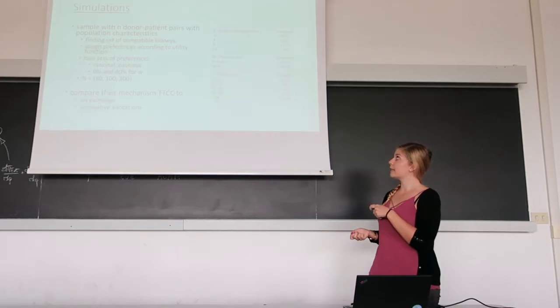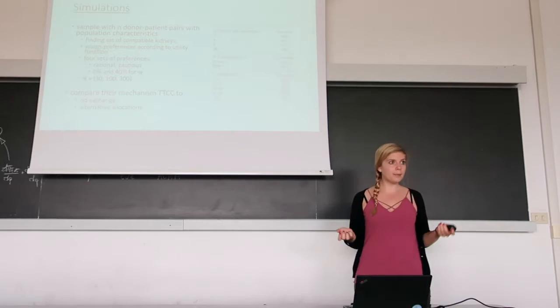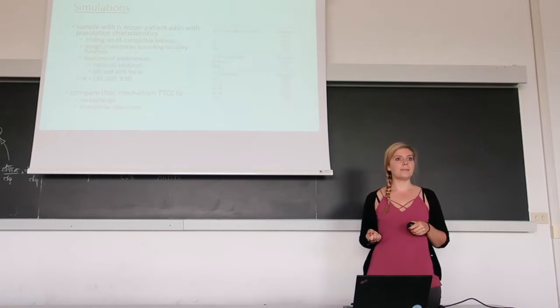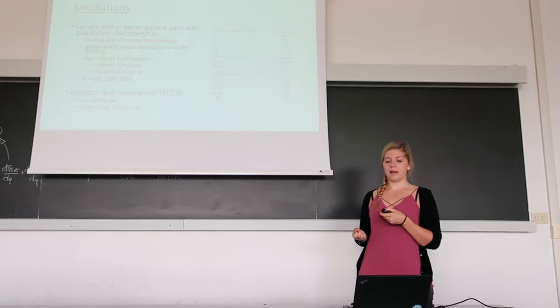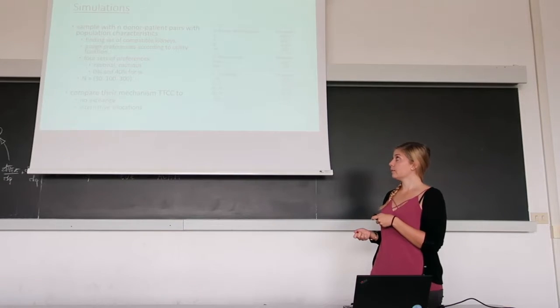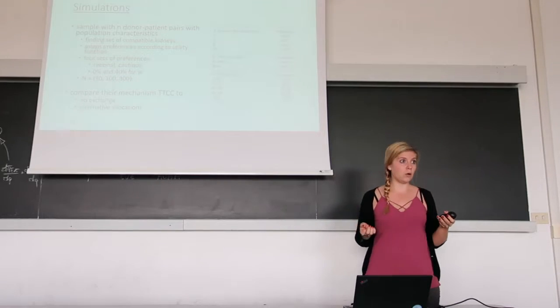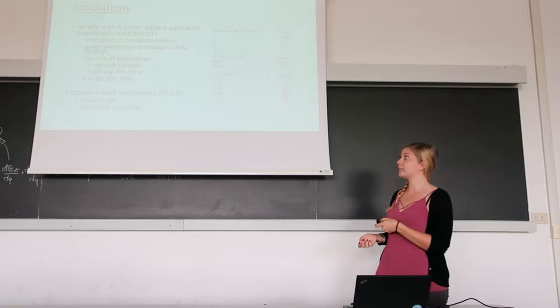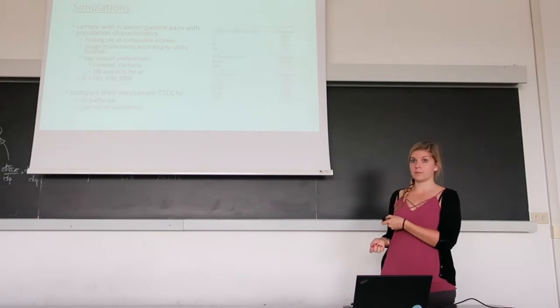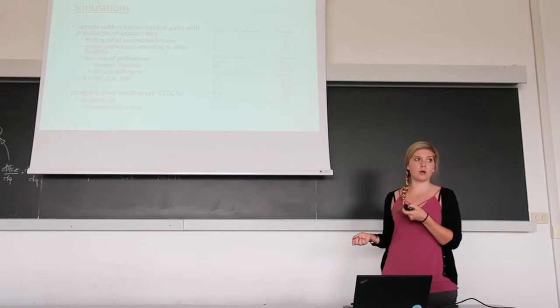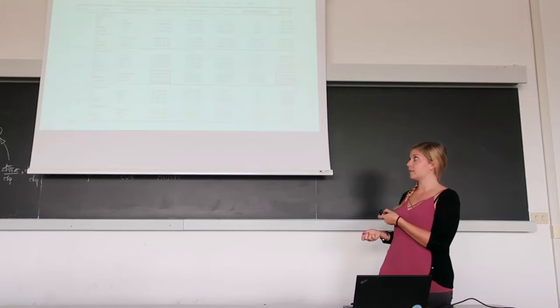And with those data, they created people, basically, and then acted out this whole mechanism and compared it to the other mechanisms. For example, no exchange, or this paired and indirect exchange.